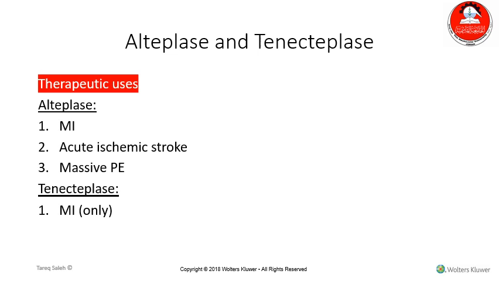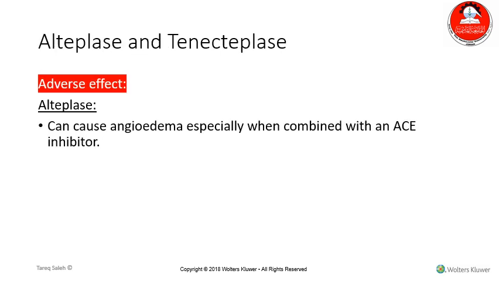Tenecteplase is only used in the treatment of myocardial infarction. In addition to bleeding being the major adverse effect of these drugs, alteplase can be associated with angioedema or a hypersensitivity reaction, especially if alteplase was combined with an angiotensin converting enzyme inhibitor.